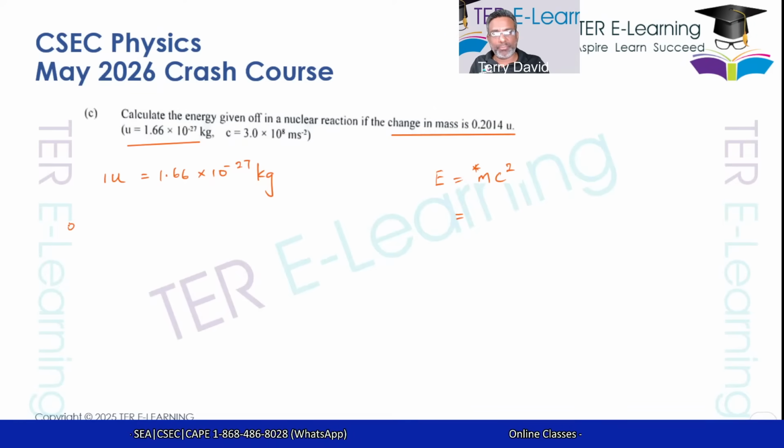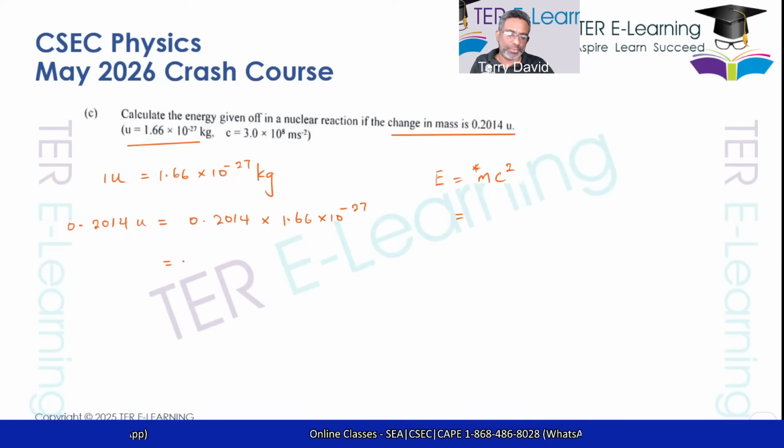So we're going to take 0.2014 U and convert that into kg. We just multiply 0.2014 by 1.66 by 10 to the minus 27.